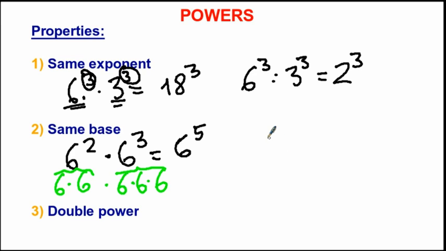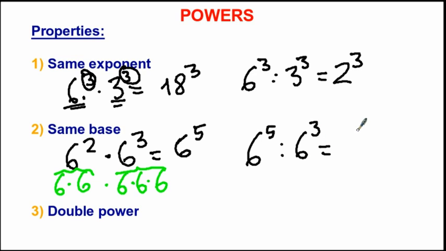And what about division? Well, with an example we are going to understand very well. This property is very easy. If you divide, for example, 6 to the power 5 divided by 6 to the power 3, to divide when the base is the same, in that case the base is 6 in both cases, and the exponent is 5 in that case and 3 in that case.